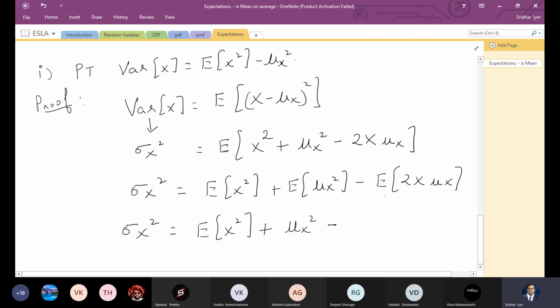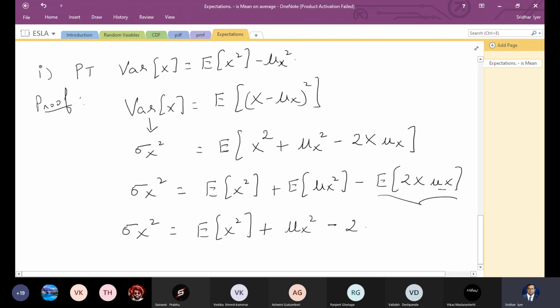Minus. Now in the third term here, you have a constant 2. So finding the mean of a constant doesn't make sense because we are only dealing with random values. So I'm going to take the 2 outside, right? Again, in the third term, you have a mu x, so it is same as the second term where we are finding the expectation of an expectation. Doesn't make sense, right?